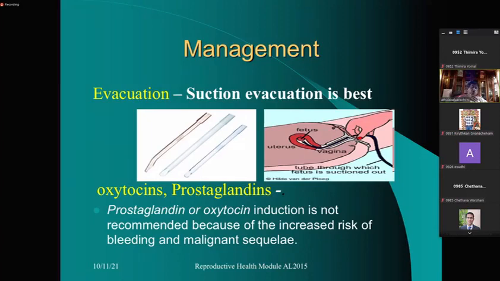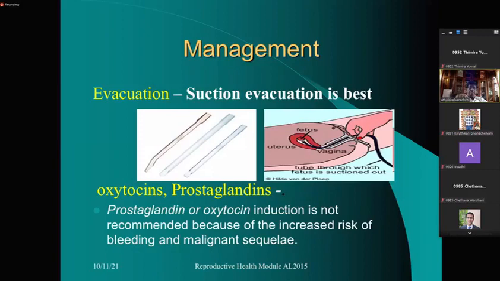Now, as you know, if you take a normal miscarriage, you have been taught you can use uterine stimulants like oxytocin, prostaglandins, misoprostol and so on to evacuate the uterus.